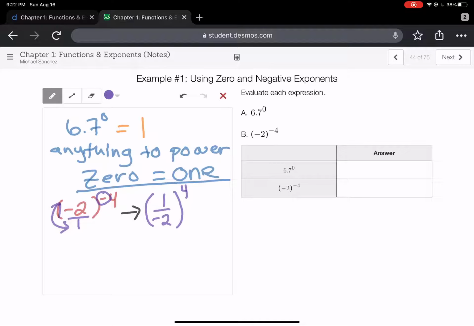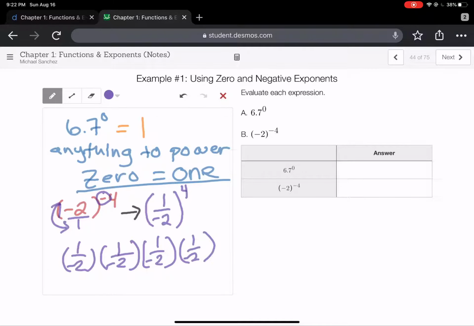Next, I'm going to take this value and apply it like a regular positive exponent. This is equal to 1 over negative 2 times 1 over negative 2 times 1 over negative 2 times 1 over negative 2.